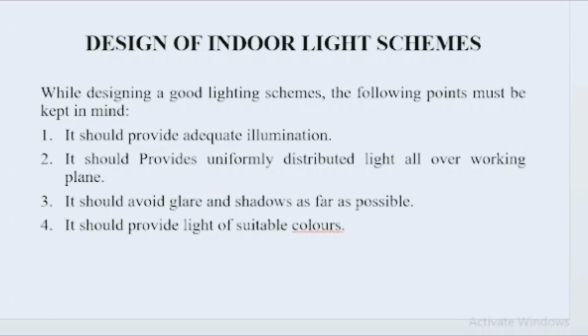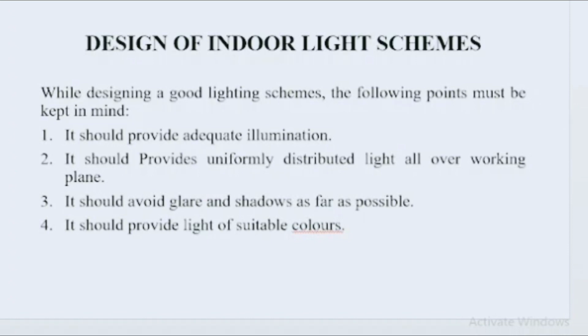Okay. Next, it should avoid glare and shadows as far as possible. Mainly we have to avoid glare, that is over brightness. Over brightness may damage our eyes, and we also should avoid shadows as far as possible. And it should provide light of suitable colors.